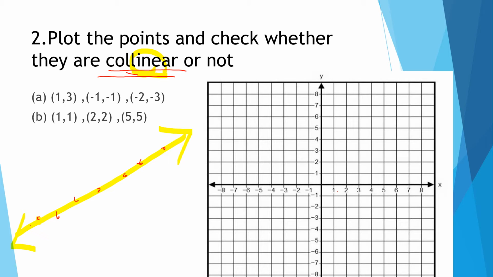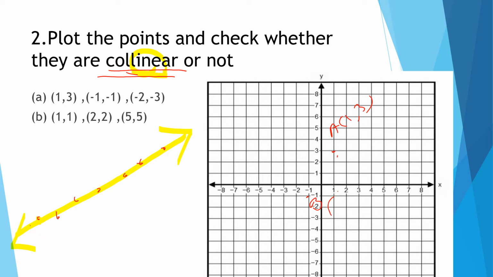The first part: (1, 3) clearly lies in the first quadrant. The x value is 1 and the y value is 3. This is denoted by A(1, 3). Then (-1, ...) lies in the second quadrant.